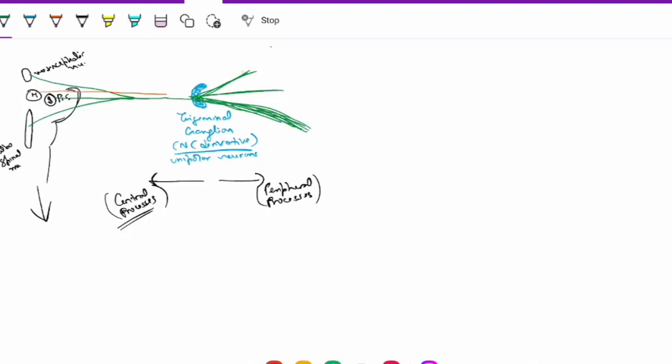These branches of the trigeminal nerve are known as ophthalmic, this is the first, V1. Maxillary, that is V2, and mandibular, that is V3. So these are the peripheral processes.